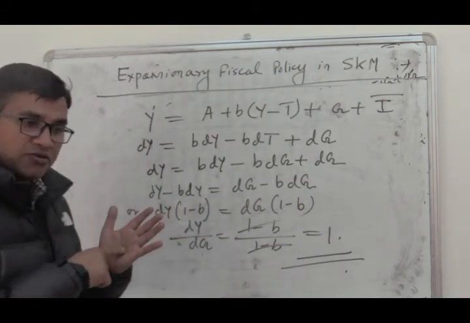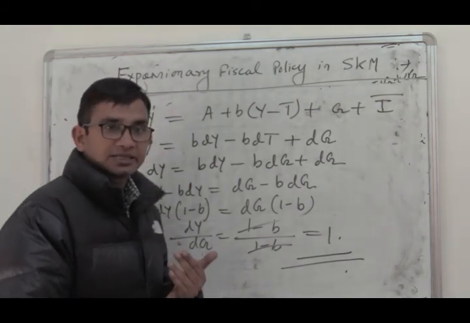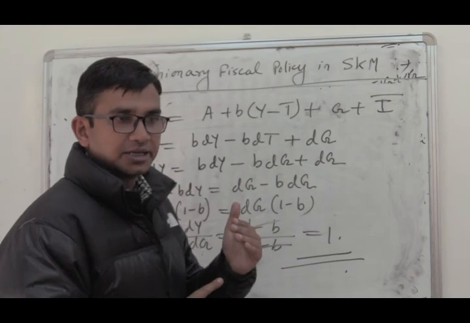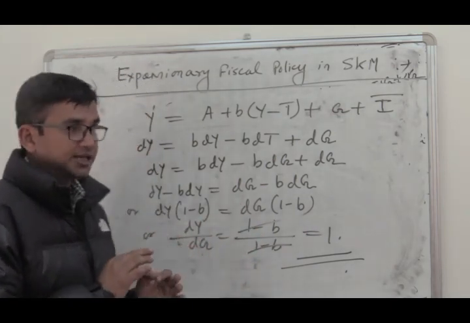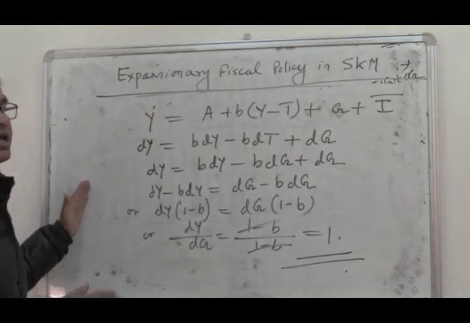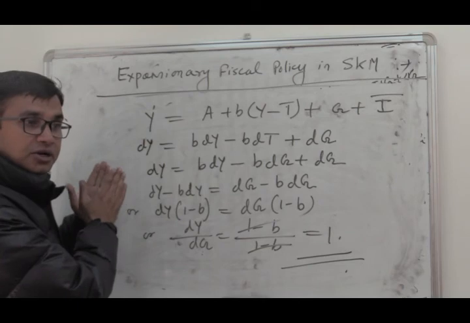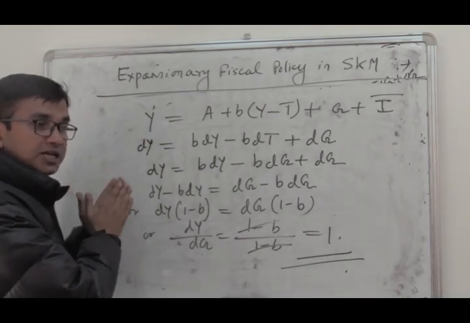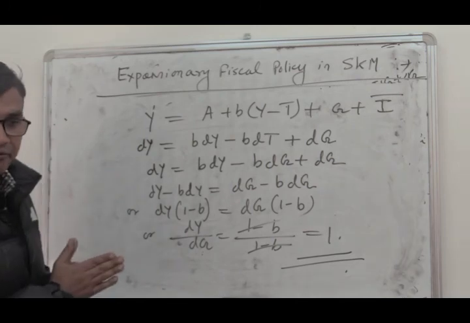So whenever there is a decline in tax rate, there is an increase in national income. Tax rate falling, national income increasing. So they move in the opposite direction. That's why the tax multiplier is negative.